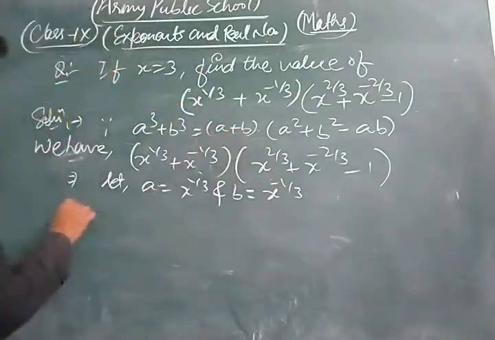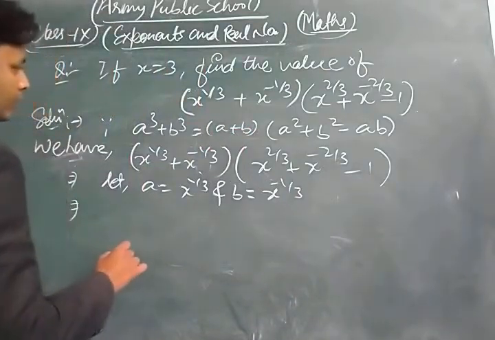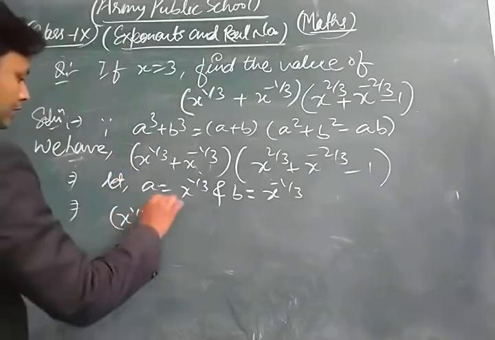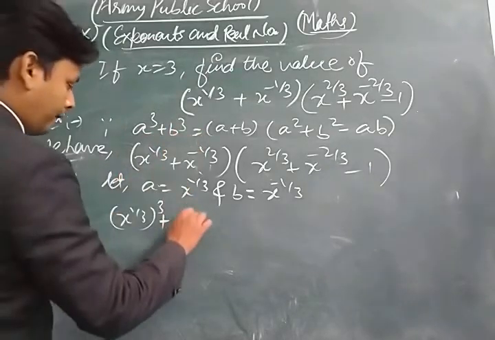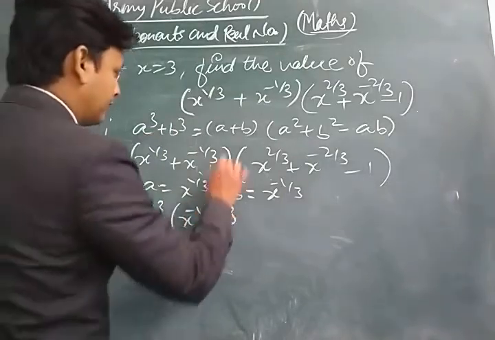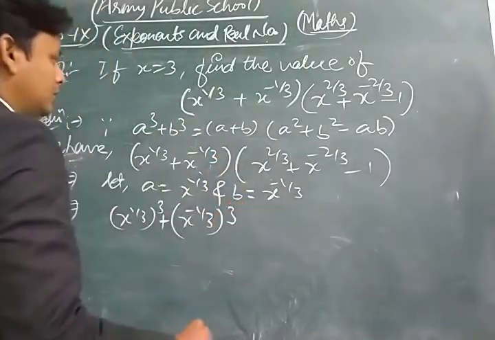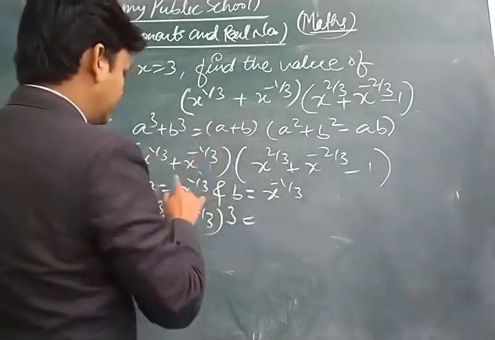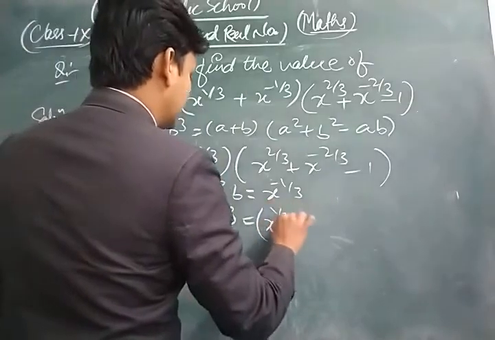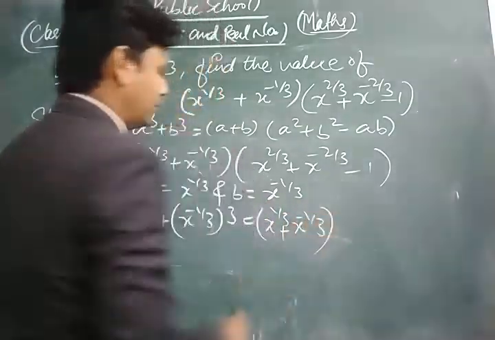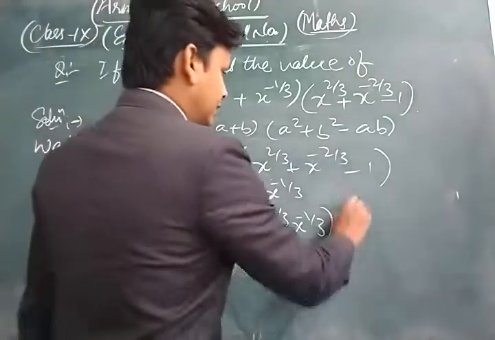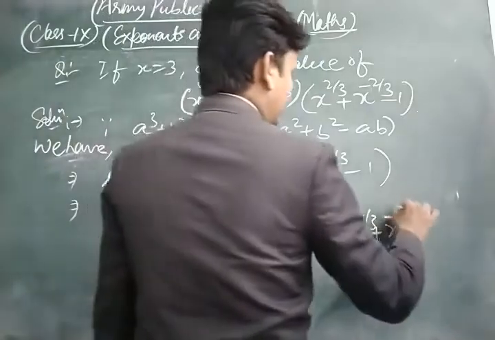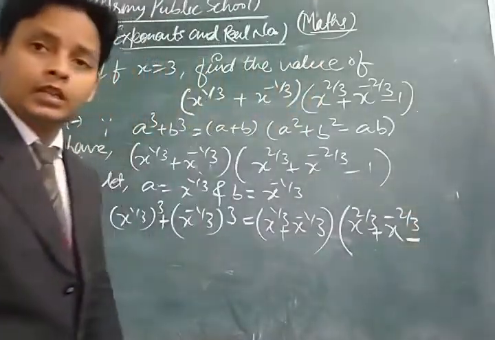So we get a cube plus b cube, a plus b in one bracket, and in another bracket a square, which means x power 2 by 3, b square, this is x power minus 2 by 3, minus a into b.